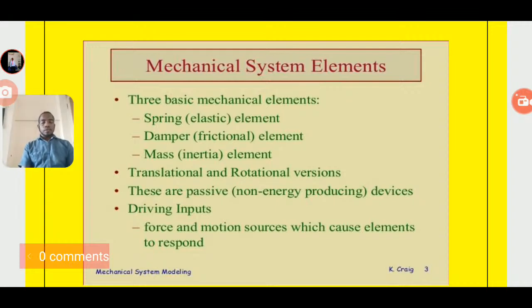This concept also comes here, because mass deals with the law of inertia. For that reason we say that mass is related to the inertia element.